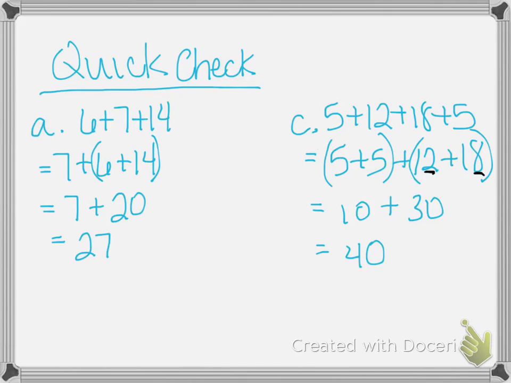So I used the associative and commutative properties to flip-flop and group. So I grouped the 5 and the 5 together. That gives me 10. 12 and 18 gives me 30. Then 10 plus 30 is 40. So the point of this example is to use our properties to regroup the numbers in a way that we can do the math mentally.